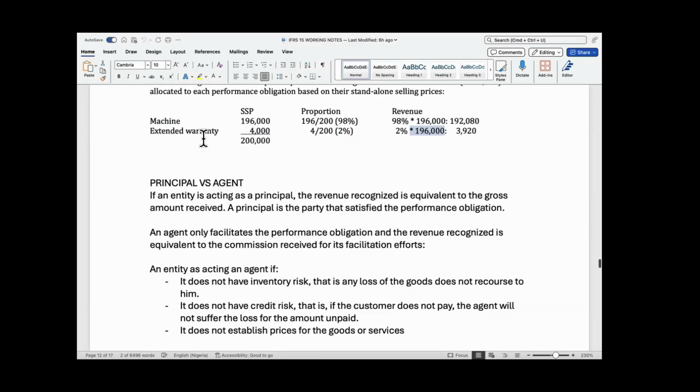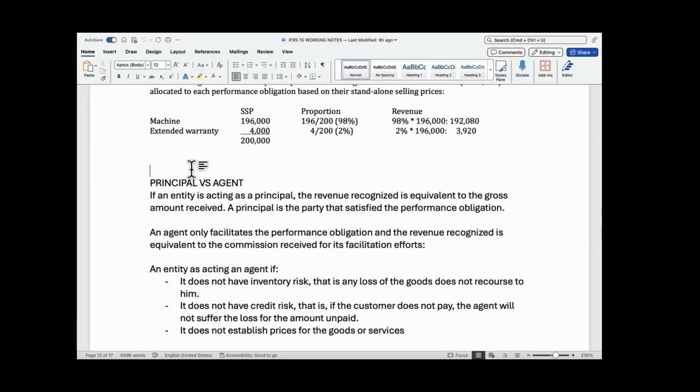Then we have principal versus agent. An entity must identify whether it's acting as a principal or as an agent in order to properly recognize revenue in line with IFRS 15. When you are acting as a principal, you are the one taking risk, the one that will provide the goods or services to the customer.